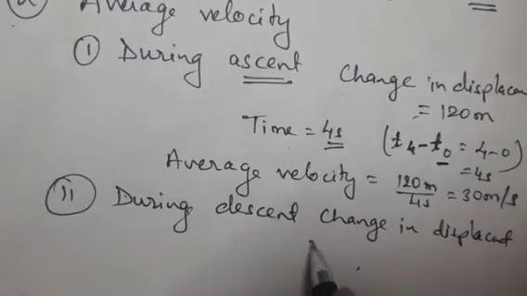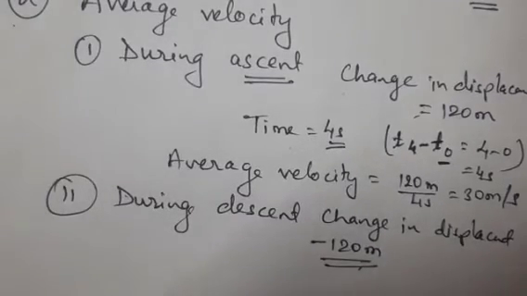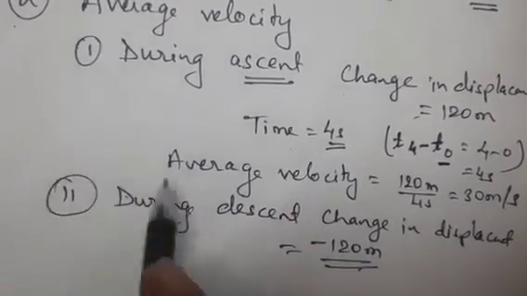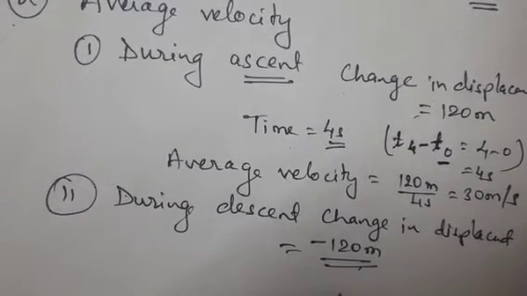So it will be negative 120 meter. It is because the object is falling from a height of 120 meter to a height of 0 meter. Final position minus initial position gives us minus 120 meter.